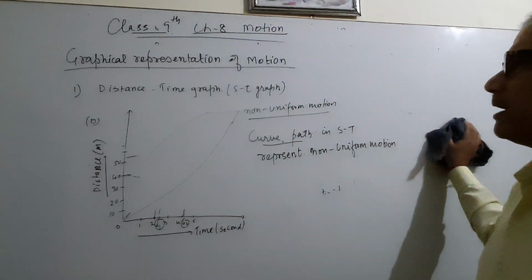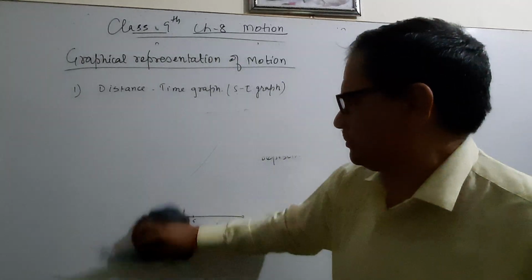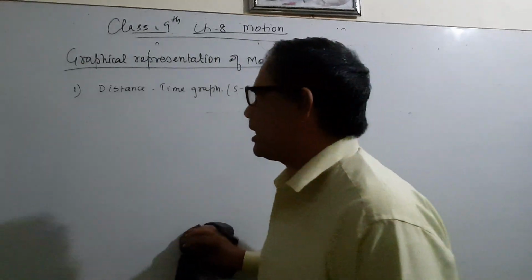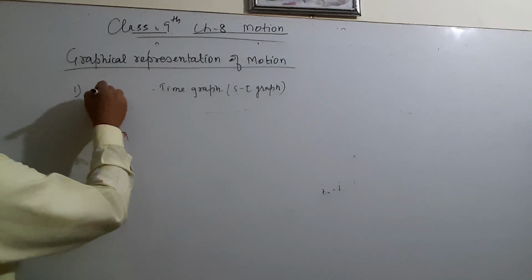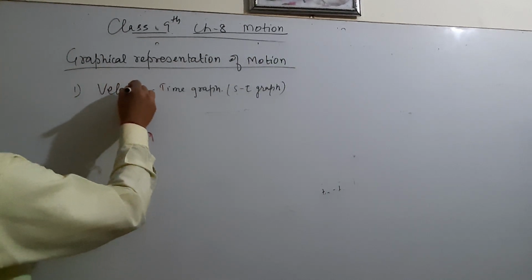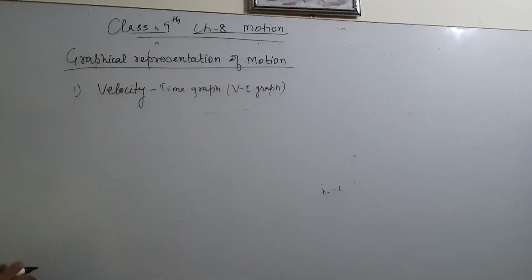But the second type of graph is the VT graph, velocity time graph. Second is the velocity time graph.